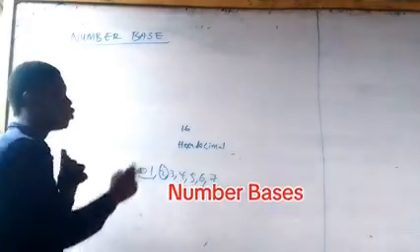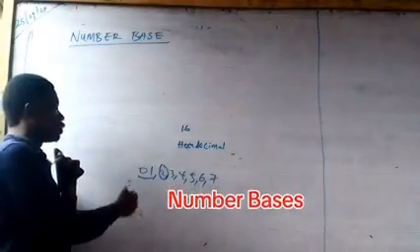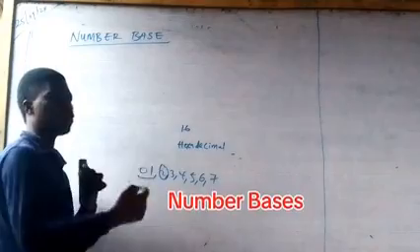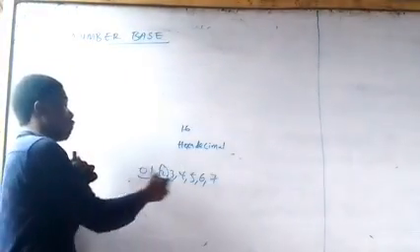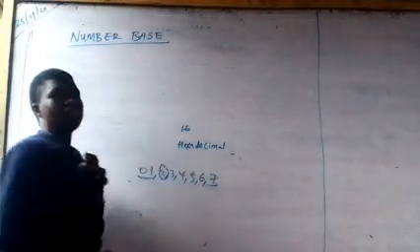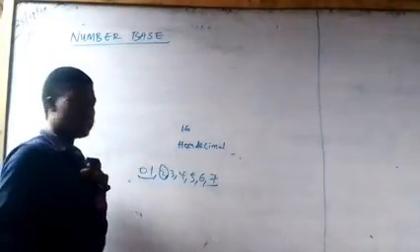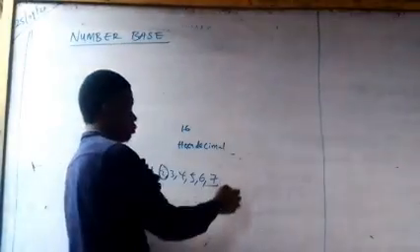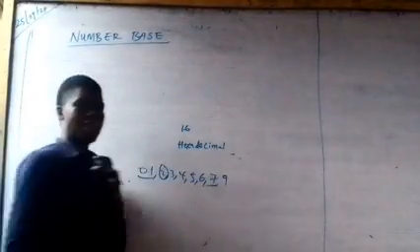That's the same rule that applies for all bases. For base 2, the numbers you work with are zeros and ones. For base 3, 0, 1, 2. For base 8, you stop at 7; the digits must not exceed 7. For base 10, the digits must not exceed 9.